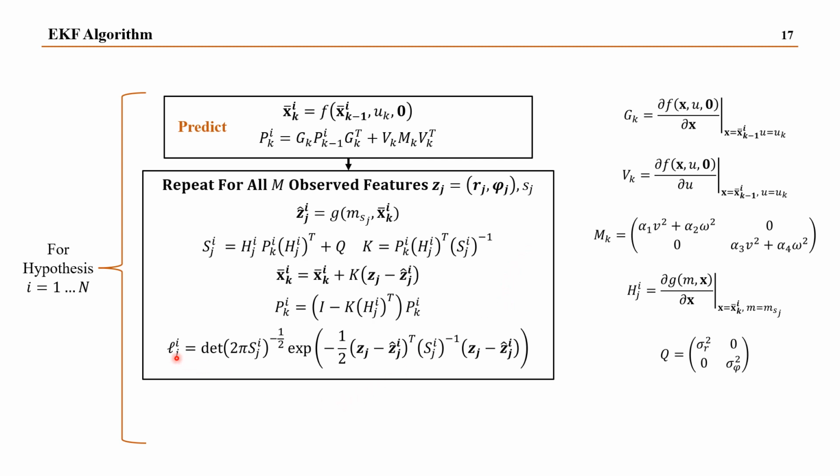After we finish this, we also update the weight of the hypothesis based on the previous weight and the product of all measurement likelihoods. Each hypothesis corresponds to a certain state. So those states that give the best correlation between the observed measurements and the predicted measurements are the ones that will gain weight, and we will decrease the weights of those states that give wrong predicted measurements.